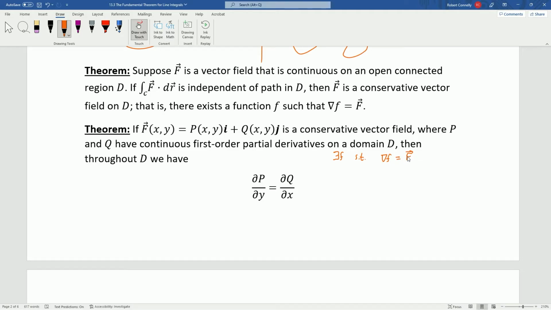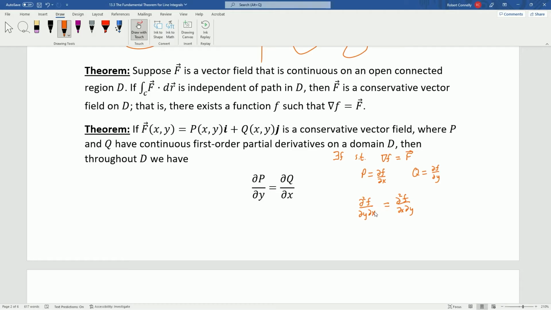So if the gradient of f is this vector field F, that means P is the partial derivative of f with respect to x, and Q is the partial derivative of f with respect to y. So when we look at this theorem, what this theorem says is that the second derivative of f with respect to y then x equals the second derivative of f with respect to x then y.